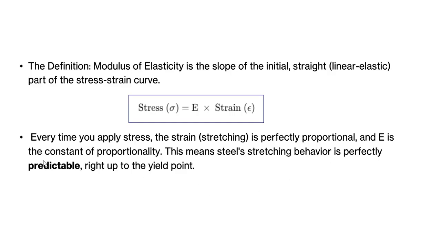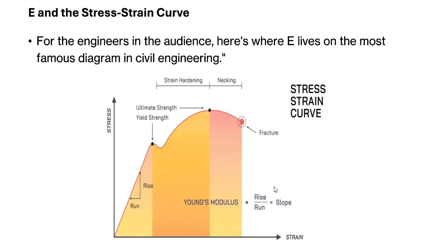This is the main point we have to note: the predictable nature of steel holds up to the yield point only. After that, steel behavior cannot be predicted. Up to this point only, steel behavior can be predicted.